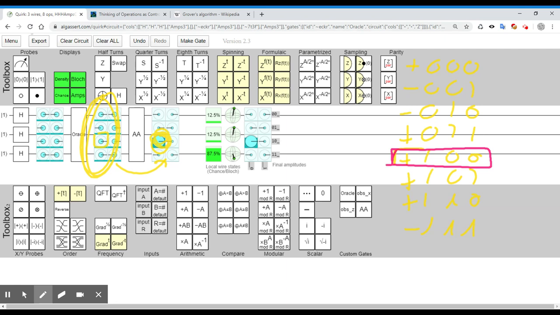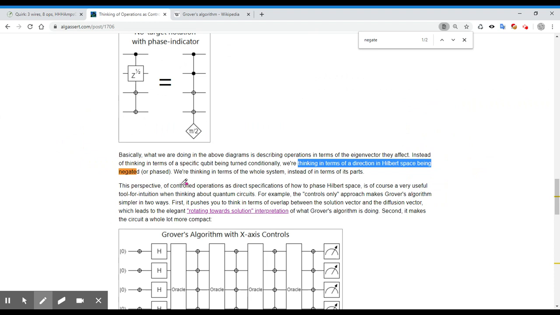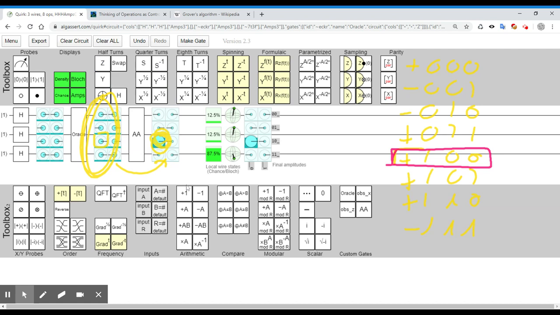What does it mean, the direction in a Hilbert space being negated or phased? I know I've been thinking about this before, and I never moved forward to the fact that it's negating the superposition. Think in terms of the full system, the whole system.